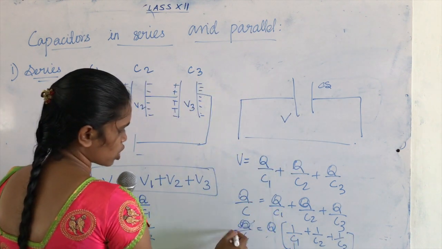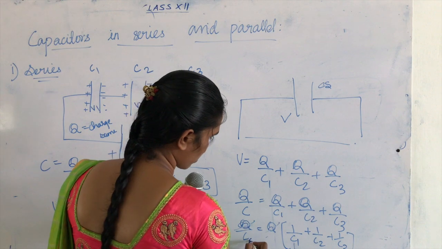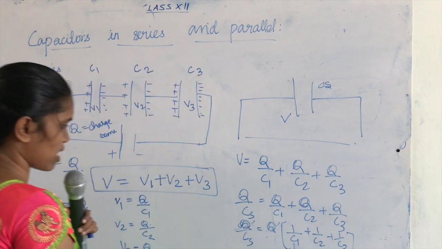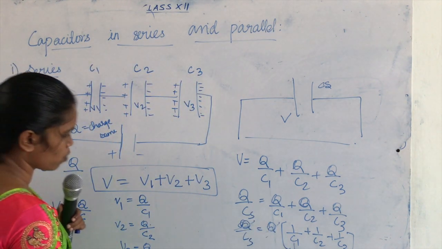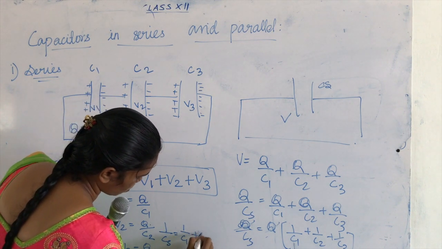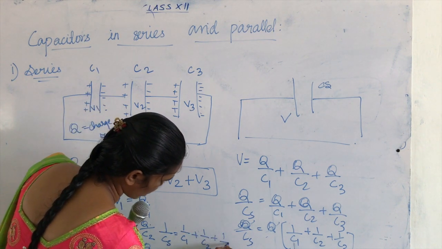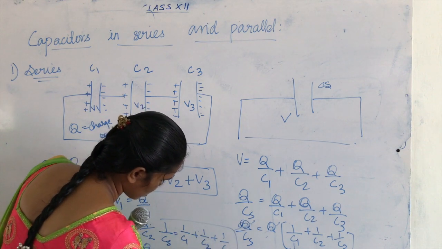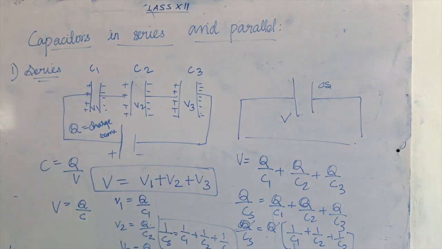Right? This Q gets cancelled. Okay? This is series, CS. Now 1 by CS equal to 1 by C1 plus 1 by C2 plus 1 by C3. This is the final calculation for capacitors in series. Do you understand?